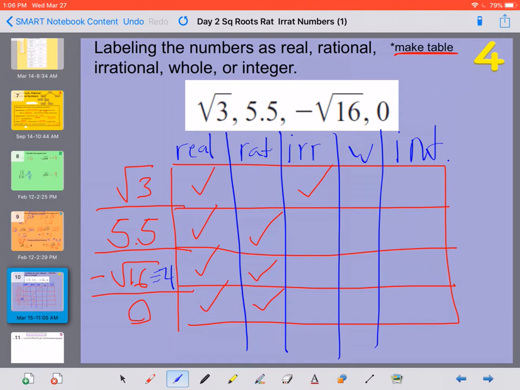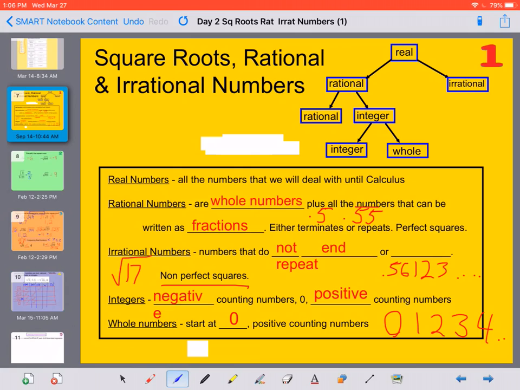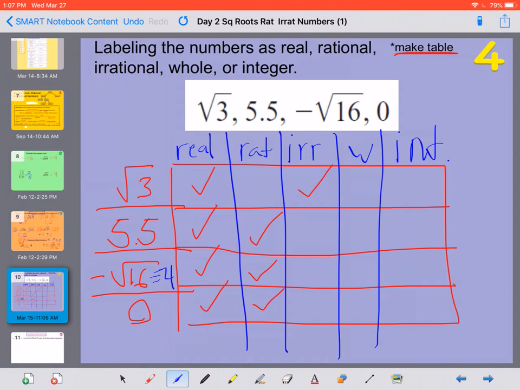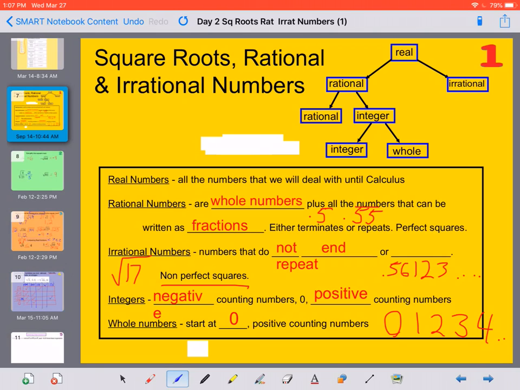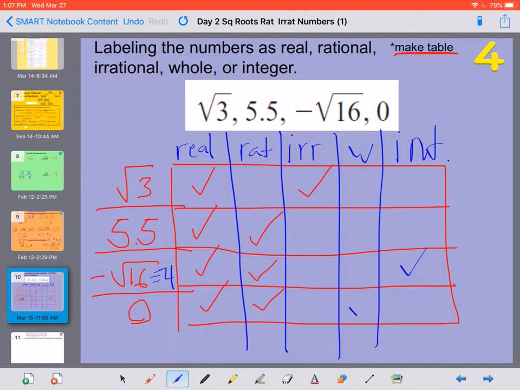Well, this is a counting number, but it's a negative 4, so it can't be whole. An integer, though, are negative counting numbers, 0, and positive counting numbers. So it could still be an integer, which it is. 0, well, does a whole number start at 0? Yes, it does. So it is a whole number. It's also a counting number, so it's also an integer.